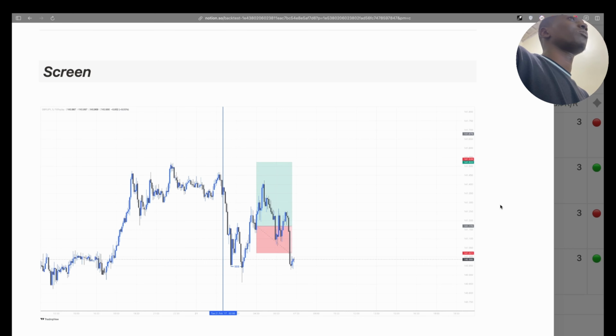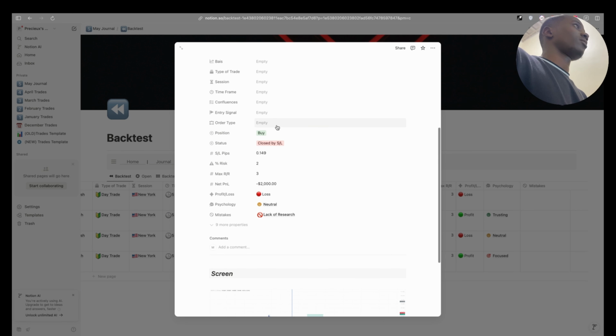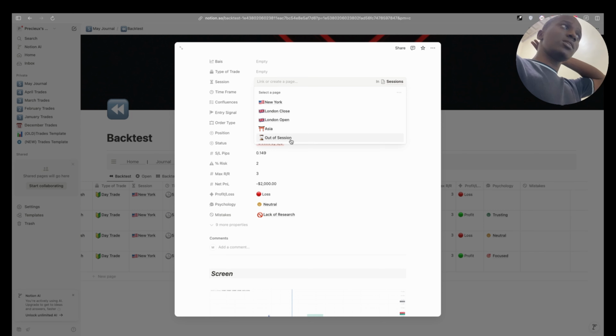It was 0.149, pips, and the status was closed by SL position. It was a buy, and order type market order, entry signal. We didn't have one, and I think it was a reaction on another block, and the time frame was the 5-minute.